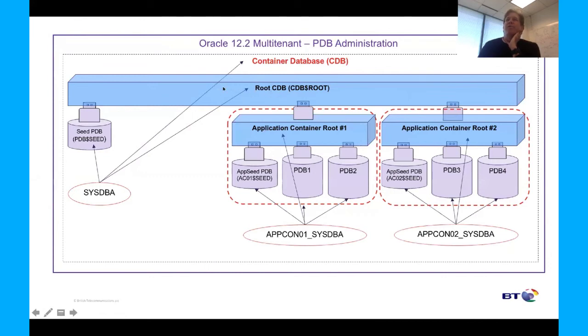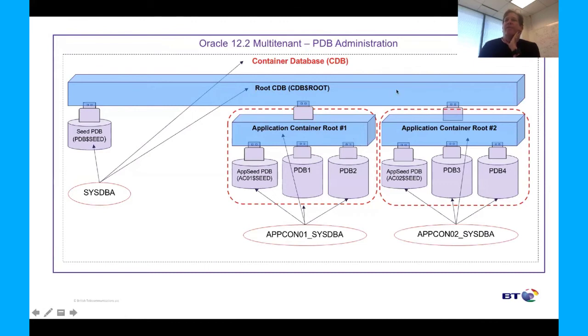What they decided was to build out application roots, which I referred to earlier as application containers, and use that as a grouping function for different lines of business, and grant privilege to clone in the context of the application root. Effectively they're delegating responsibility for the management of their container database, and all hosted tenants related to it, to the line of business that owns that container database.